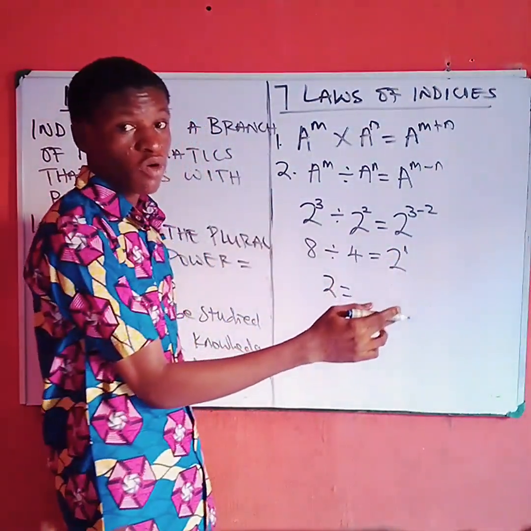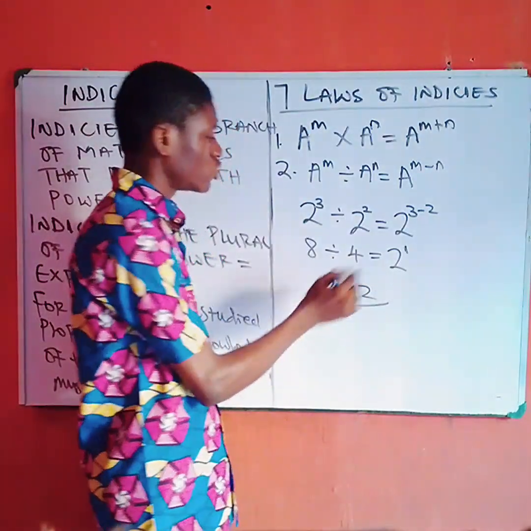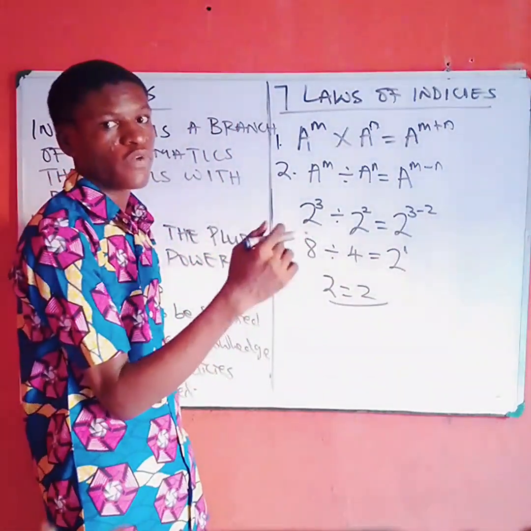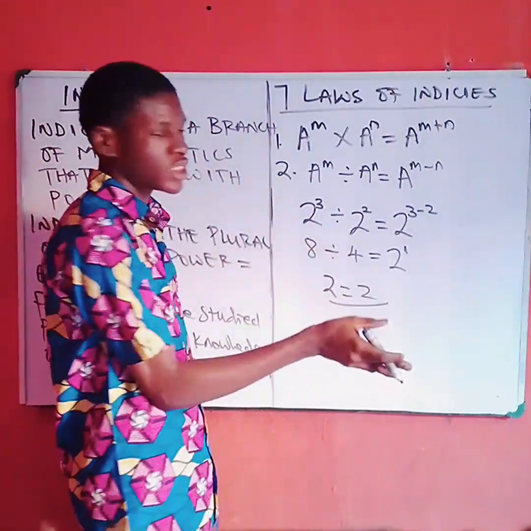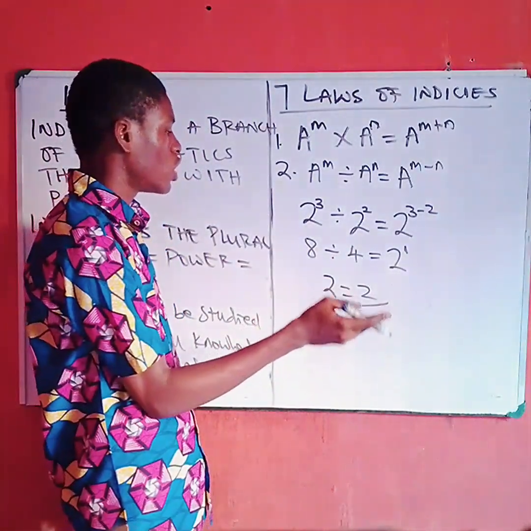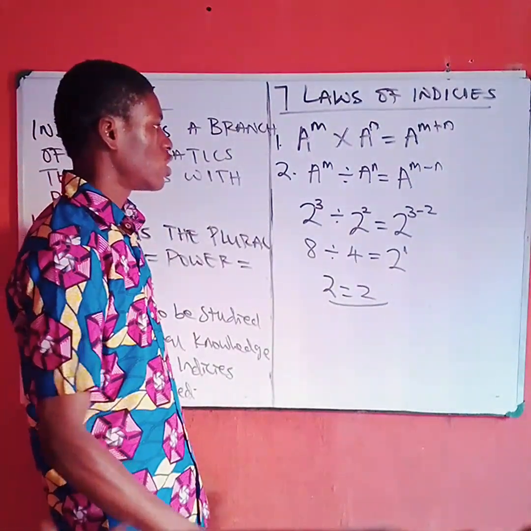Now 2 raised to the power of 1, anything raised to the power of 1 is that same number, is 2. So I confirm that 2 is equal to 2.